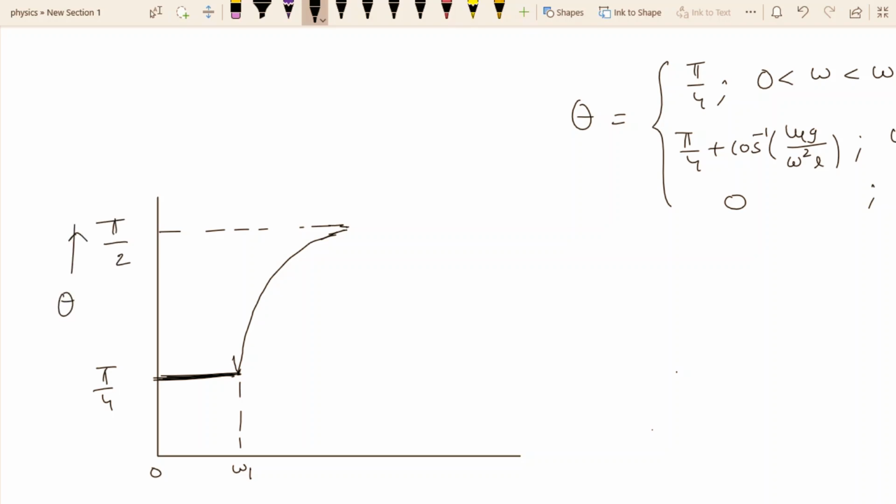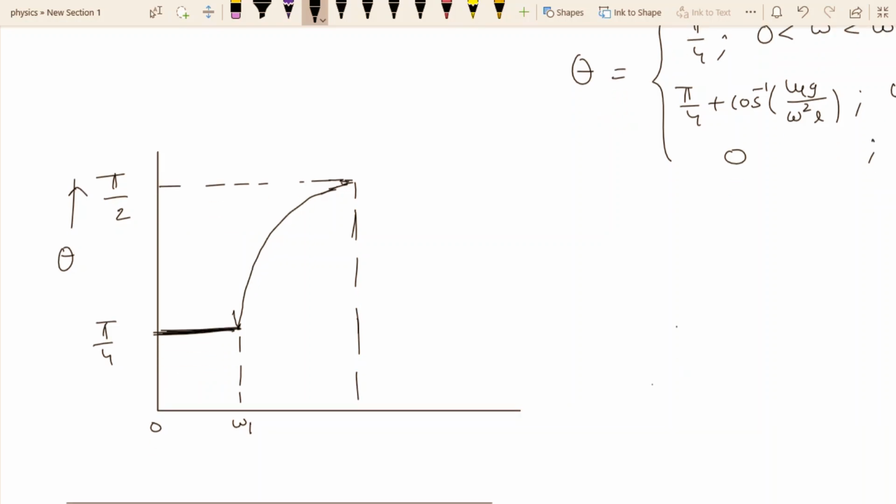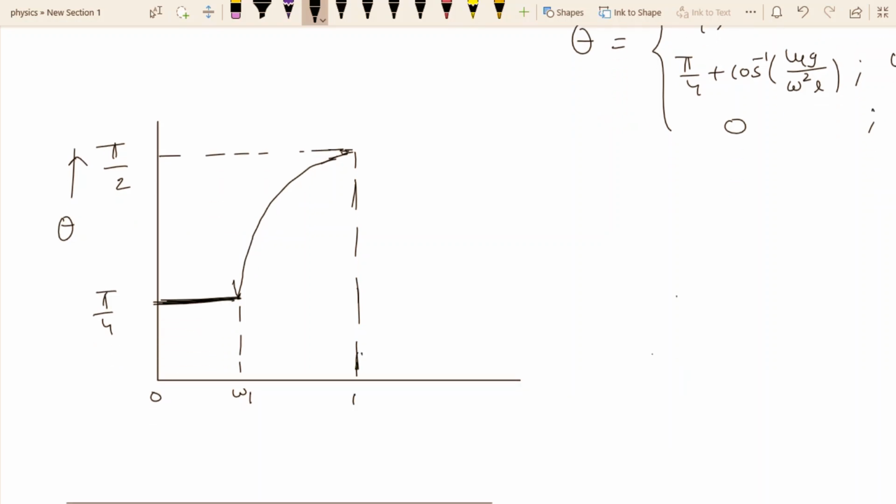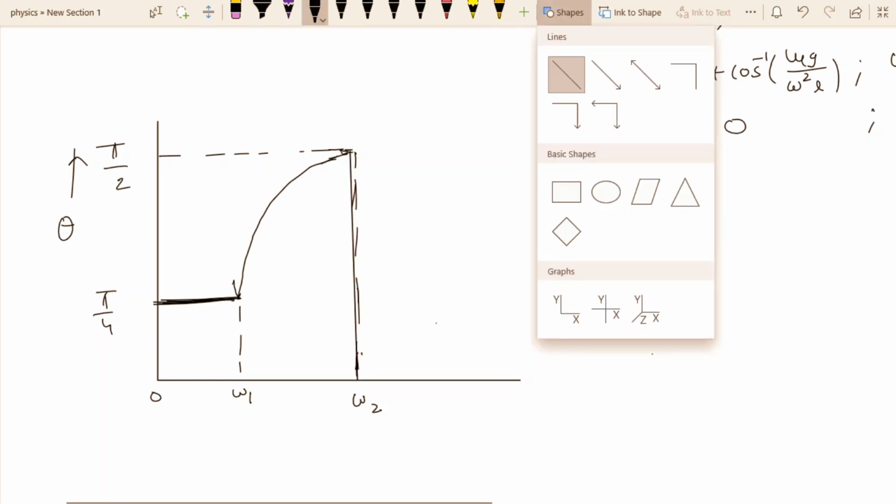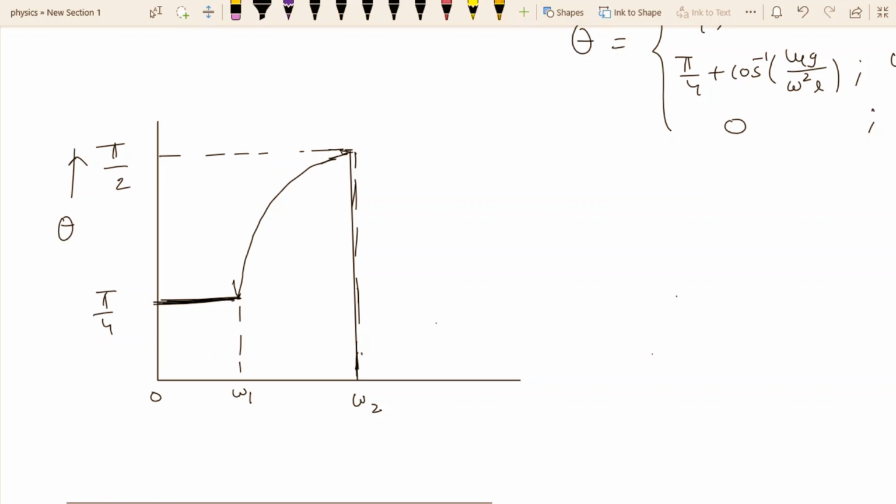This is the situation when omega 2 is reached. But when omega becomes greater than omega 2, automatically this angle will drop to 0 and it becomes 0 forever. Both A and B will move together. So this is the graph we are getting. This is the perfect graph for the given situation.